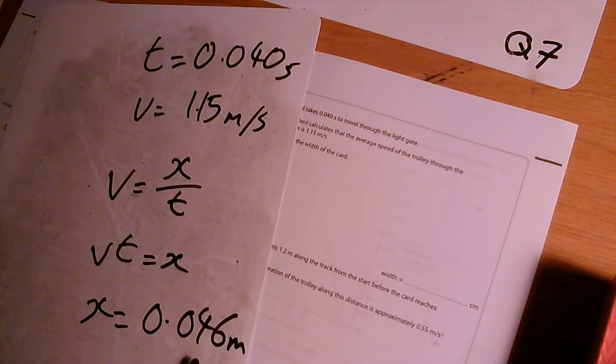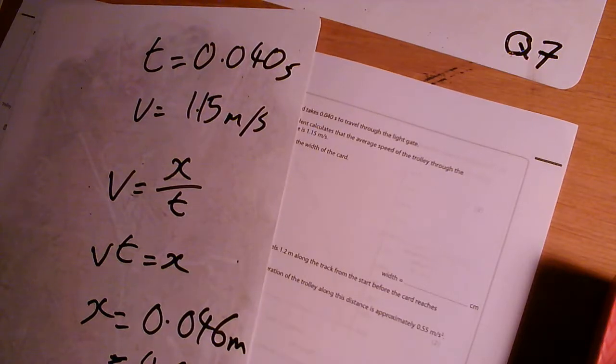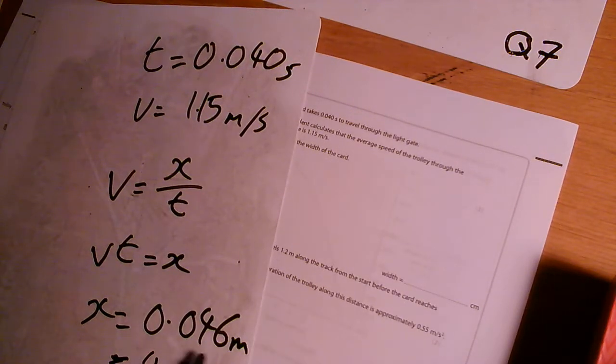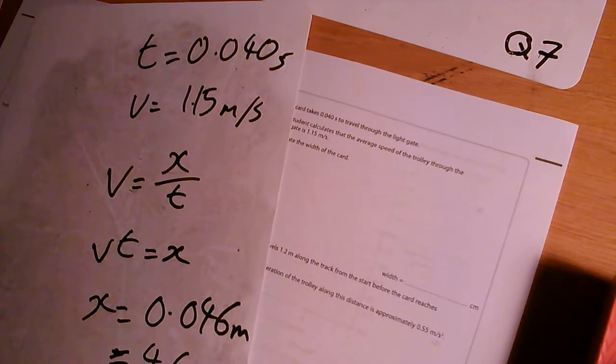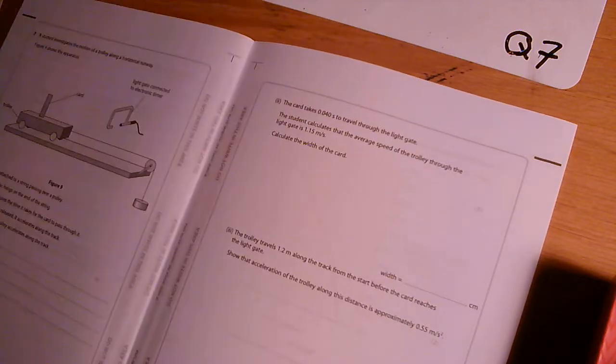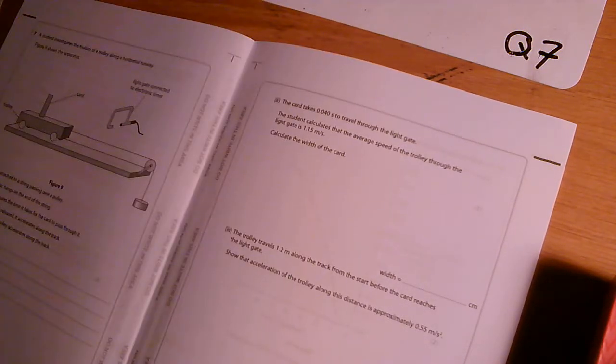So we need to put this into centimetres. There's 100 centimetres in a metre, so we need to times this by 100. So it's going to give us 4.6 centimetres. Fair few of you managed to get this far. There were a few that missed that crucial last step, so you may only have got 1 mark out of 2 for that question. So 4.6 centimetres for that one there.